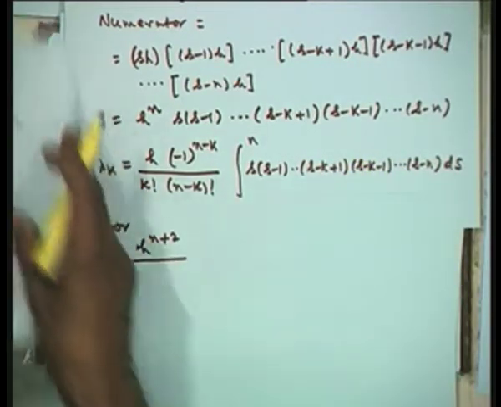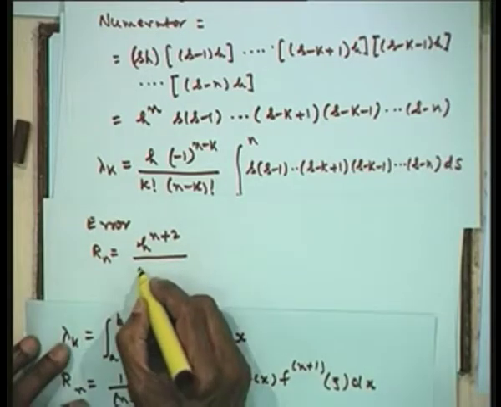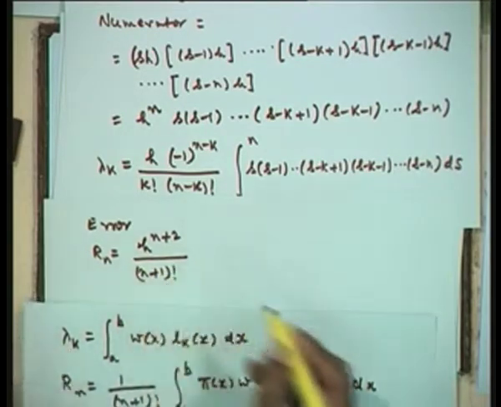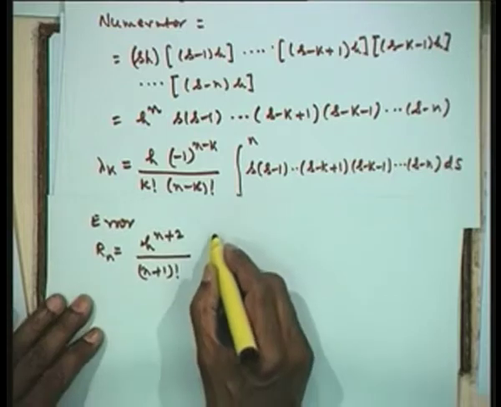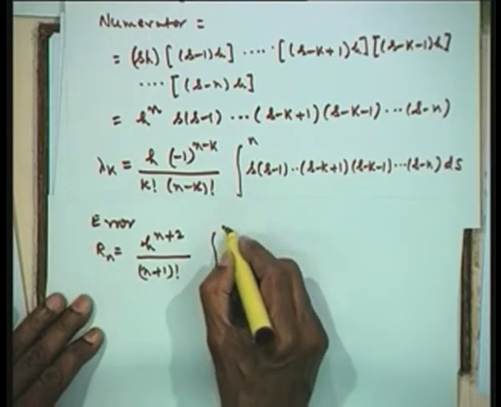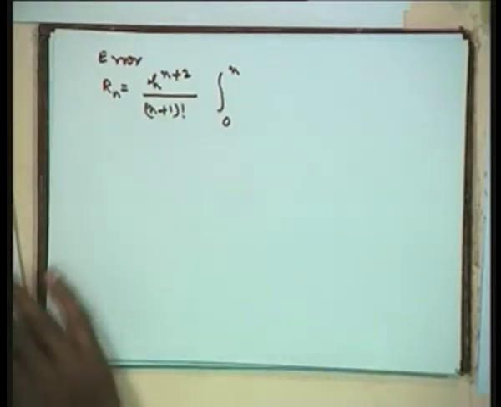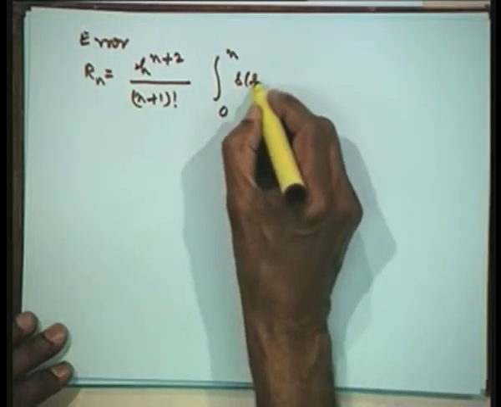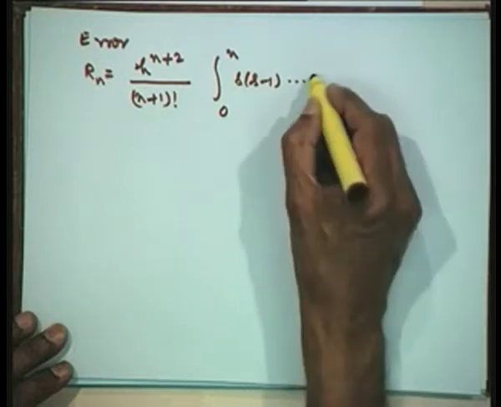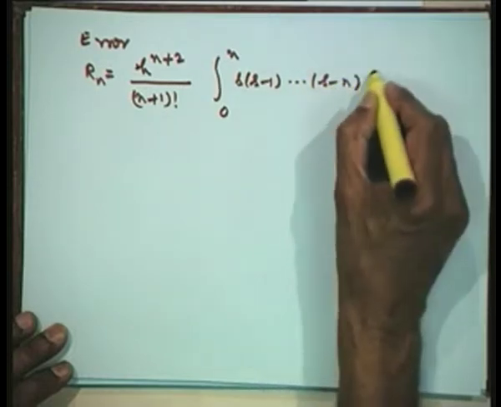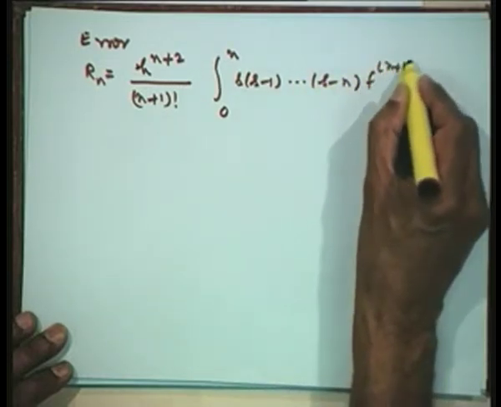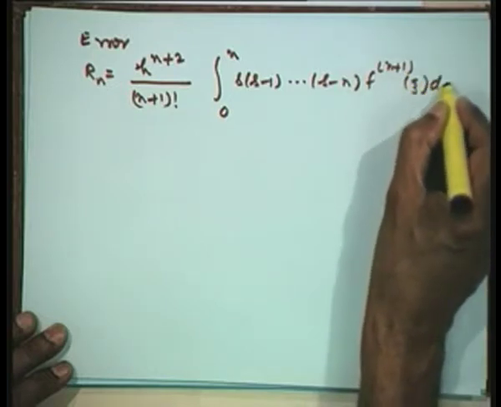Denominator is the same, that is your n plus 1. So, we will have n plus 1 factorial, integral of 0 to n, and s into s minus 1, all the terms are here. So, simply s minus 1, f^(n+1) of xi ds.